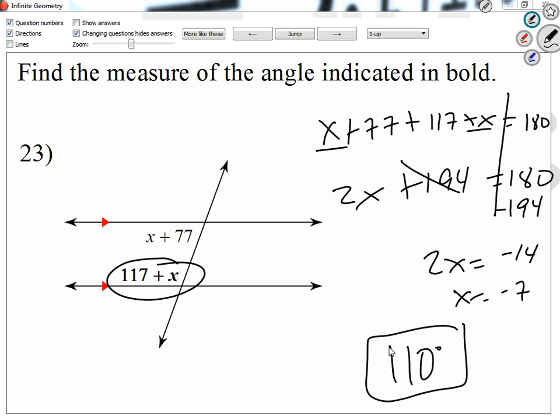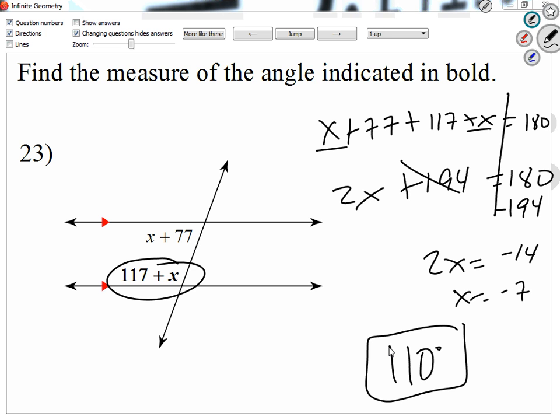Yeah, like if you put 117 plus x first. Oh, like do we go x plus 77 plus the 117 plus x, or do we switch it? It wouldn't matter, because on the left side, in Algebra 1 you learned the commutative property, that order does not matter. So I don't get how you got 110. We know the value of x is negative 7.